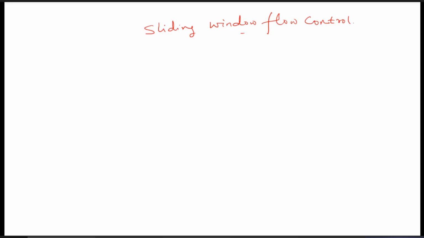In this case, if you consider two stations A and B, the concept of window size is used. Window size is also called window W frames.